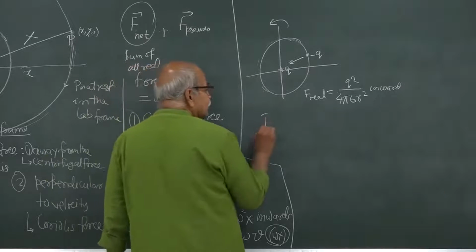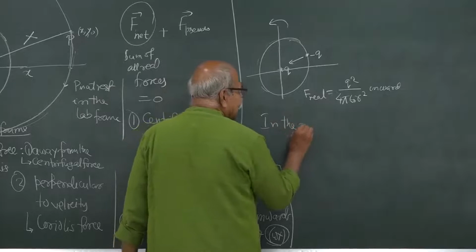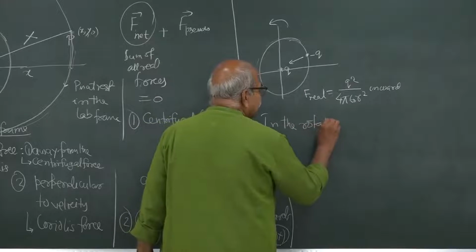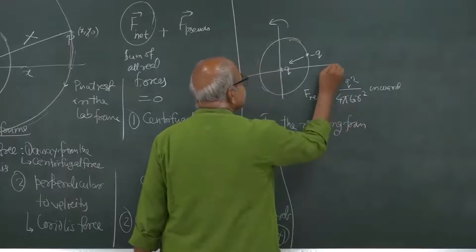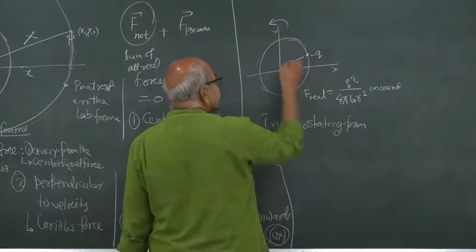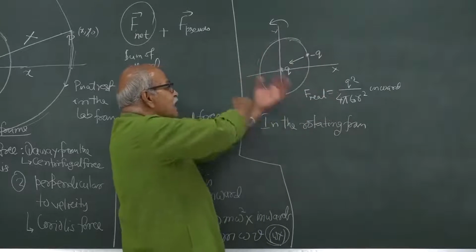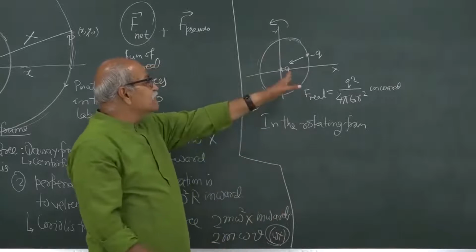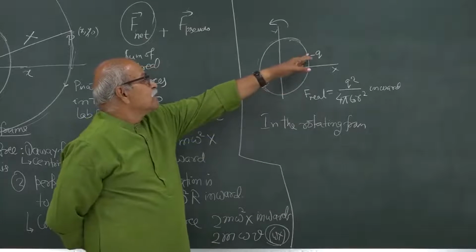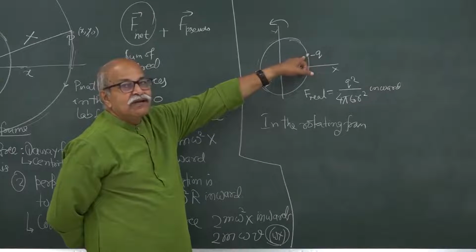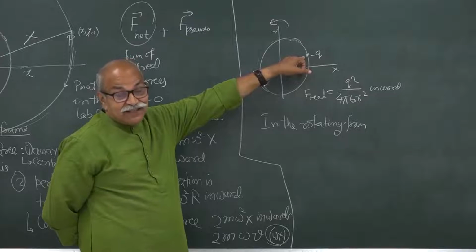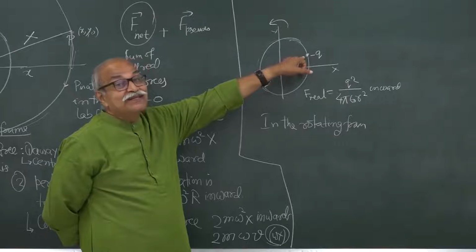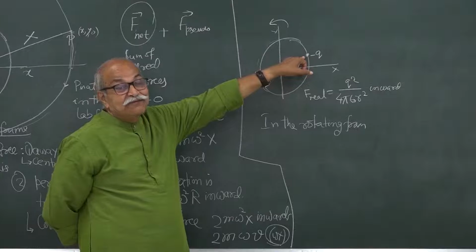So in the rotating frame, I set up a frame, this is x axis, this is y axis, and this whole thing is rotating in the lab, and when I go to that frame, I find that my particle has the same x coordinate, same y coordinate, same z coordinate all the time. It is at rest, and therefore if I want to use Newton's laws, the total force should be 0.